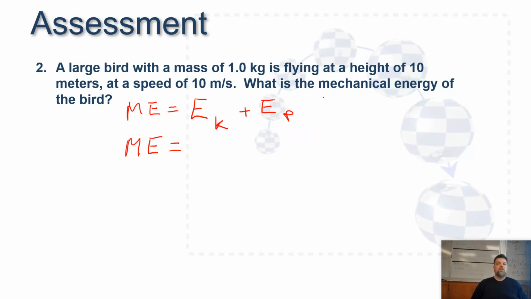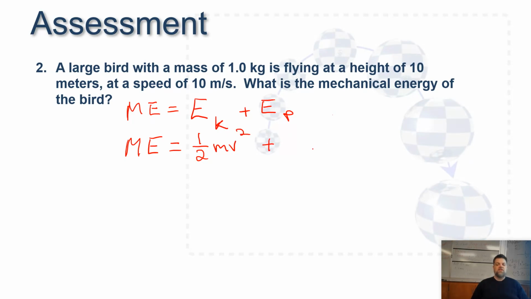Because you will need to know that when you take your test. It's easier to know it off the top of your head. Anybody want to try? You can look it up in your notes. But it's 1/2 times the mass times the velocity squared.